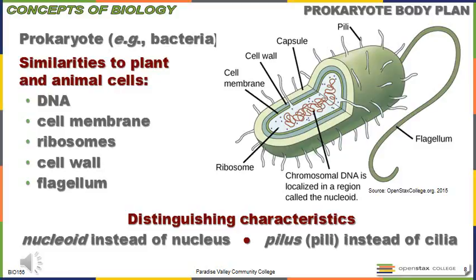They're housed differently, but they both have DNA. They have cell membranes, they have ribosomes, they have a cell wall, and in some cases in the animal cells, there are flagellum, just like in the prokaryote. So we do have some similarities between all domains, which is pretty impressive, I think. And over time, it is thought that they've become differentiated into the structures that we know today.